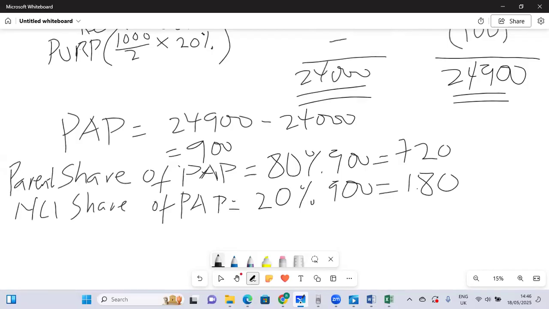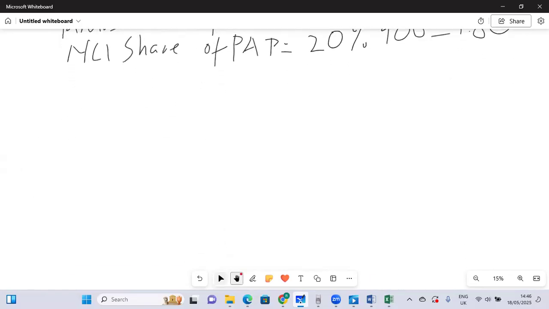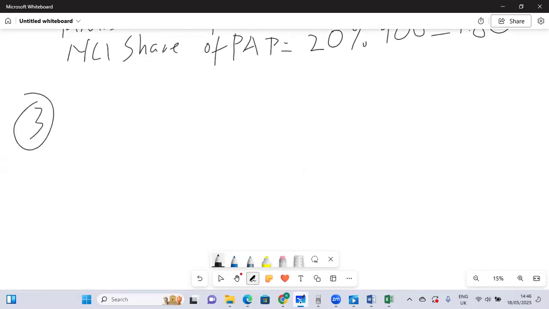All right. So you see, with this, you are done with the second workings, right? Then now you move on to the third workings, which is we finding what? Goodwill. So 3, computation of goodwill.